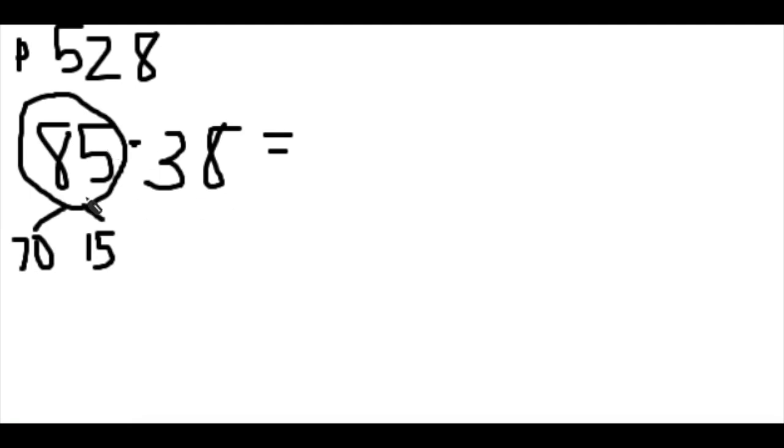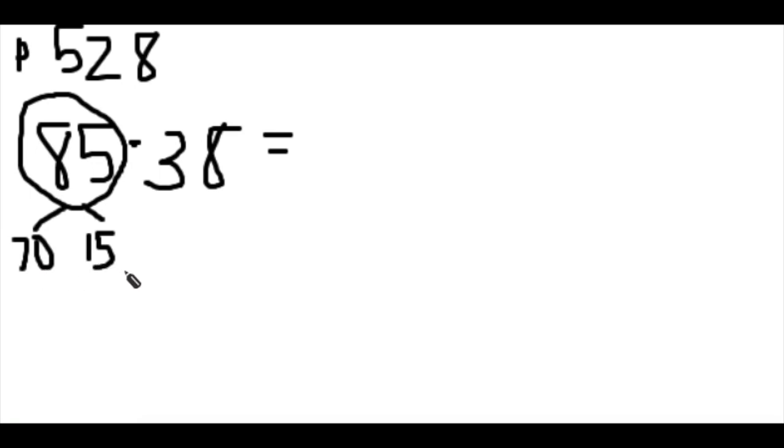Because if you have 5 stickers and I ask you for 8, you can't give me 8 stickers. So that's why I'm going to borrow 10 from the tens place. And I'm going to change the 80 into a 70 because I took away 10 because I needed 10 on a loan for my friend.